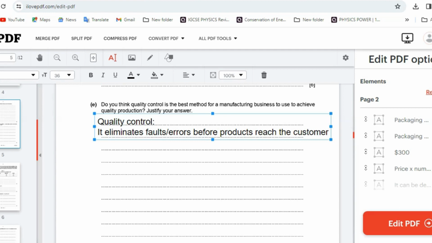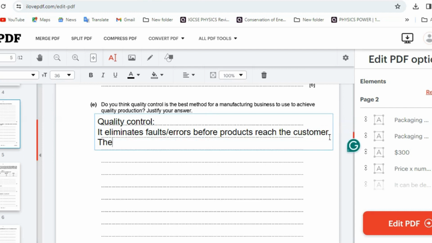When using quality control in the production, to check the quality of the product, of course, the business will need to recruit inspectors. That also increases their labor cost. Okay, let's put it under quality control also.